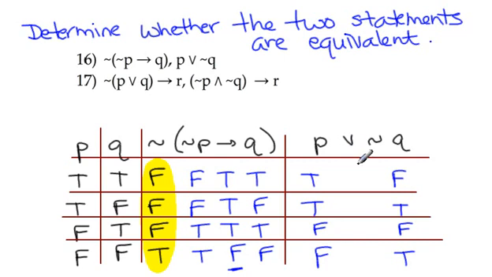For a disjunction, we'll look for any time where I have both false. So false or false would give me a false answer. Everything else would be true. So the answer column for this disjunction would be true, true, false, true.